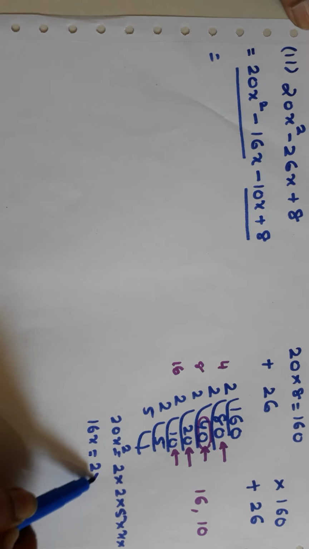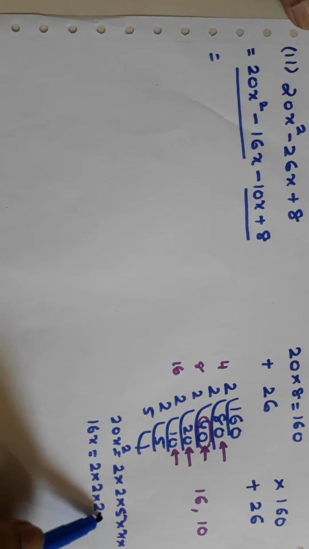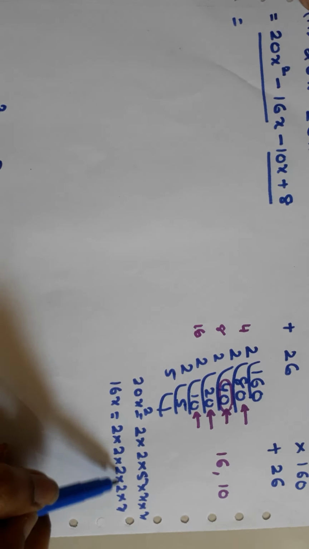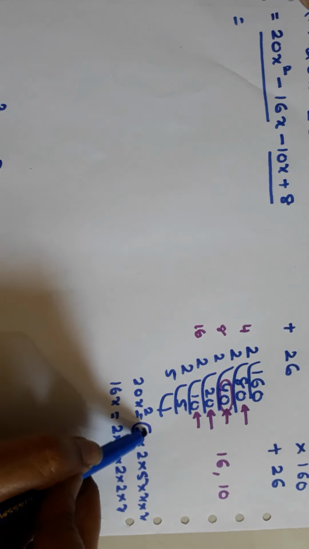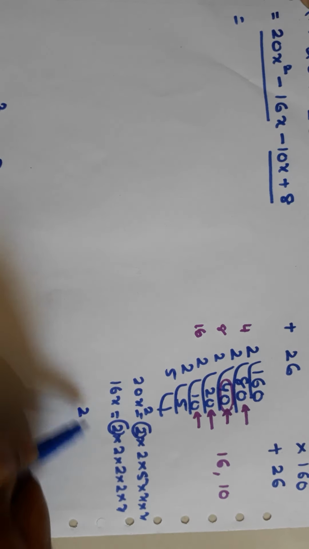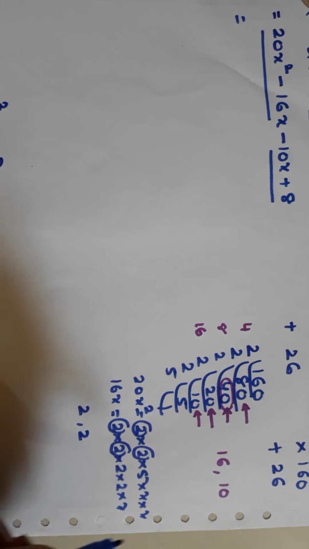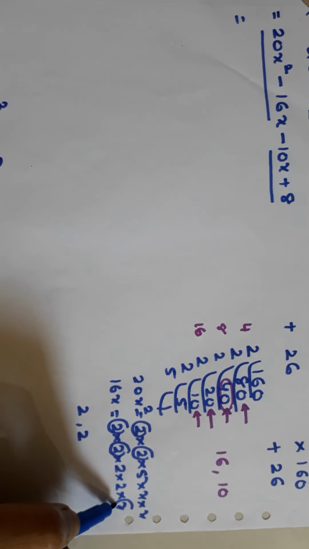16x is 2 into x. 2 2s are 4, 4 2s are 8, 8 2s are 16. 2 is common, again 2 is common, x is common.